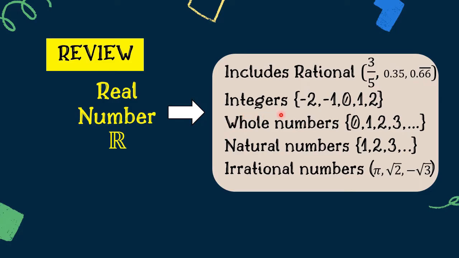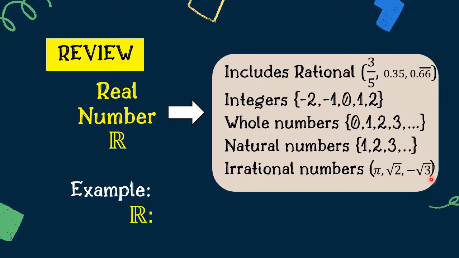We also have integers as real numbers, such as -2, -1, 0, 1, and 2, and so on. We also have whole numbers that include 0, 1, 2, 3, and so on. Natural numbers, or your counting numbers, such as 1, 2, 3, and so on. We also have irrational numbers, such as pi, square root of 2, negative square root of 3.